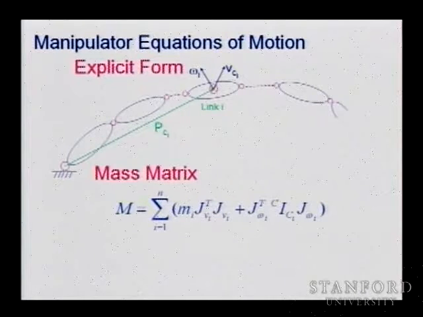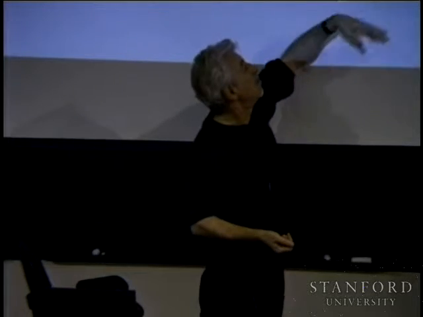So going to dynamics is going to be very simple if after the midterm you really understood what the Jacobian is. The mass matrix associated with the dynamics of the system comes simply by looking at the sum of the contributions of the center of mass velocities and the Jacobian associated with those centers of mass.